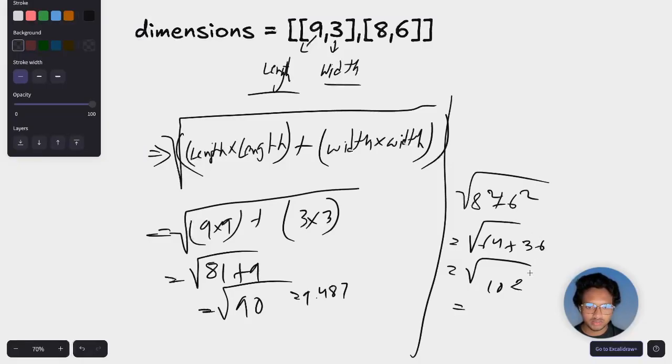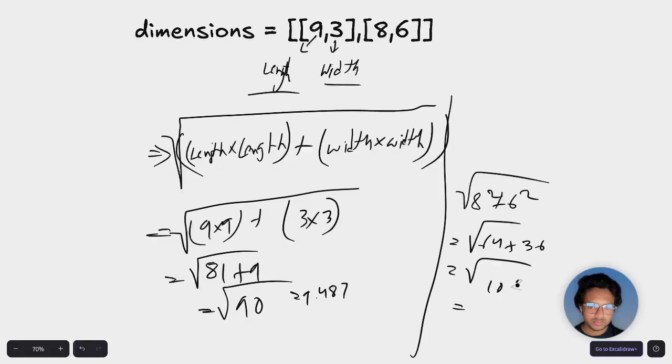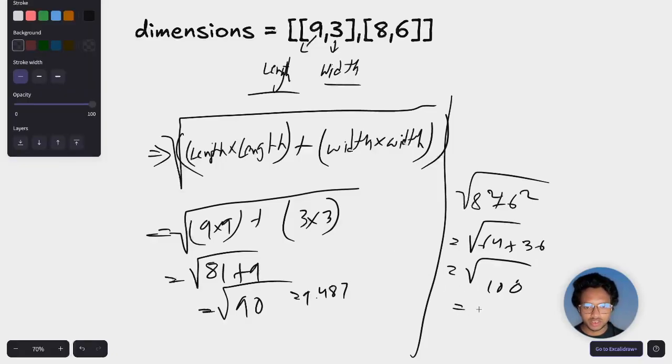Yeah, it's 100, my bad. So the square root is 10. Here the diagonal is 9.48 and here the diagonal length is 10. So this one is longer.